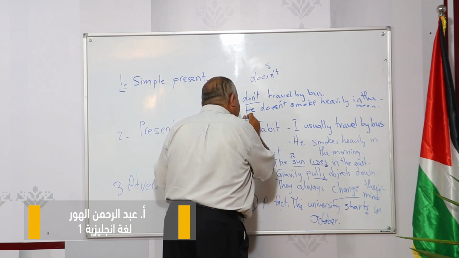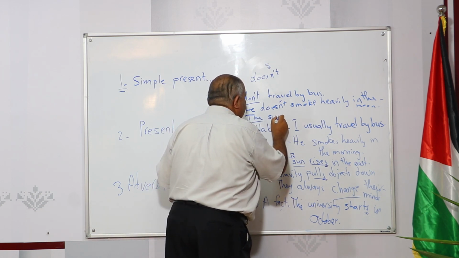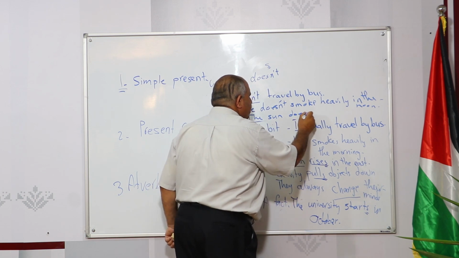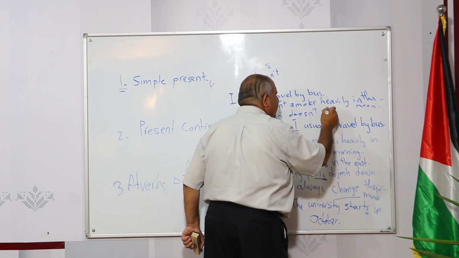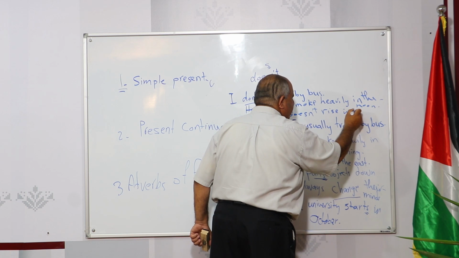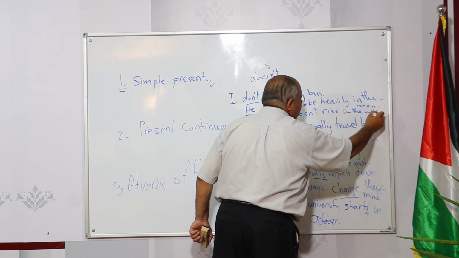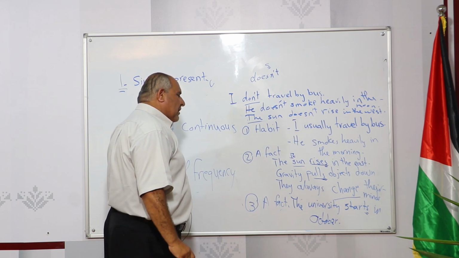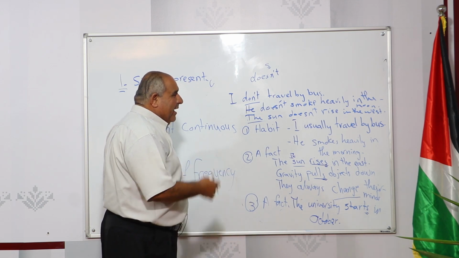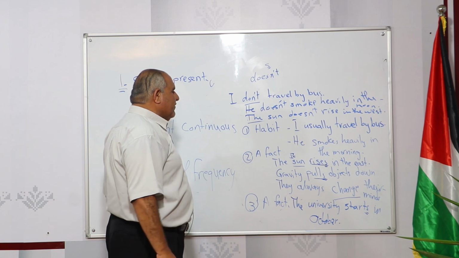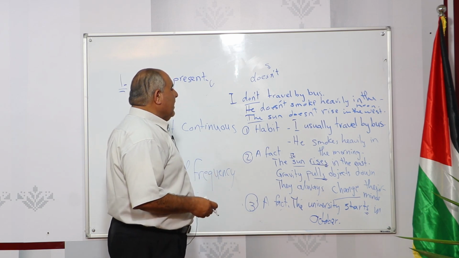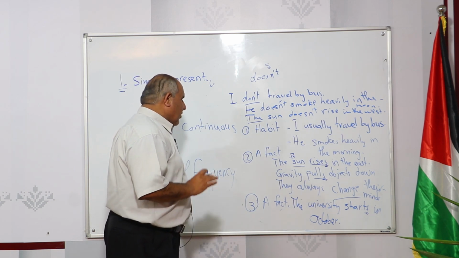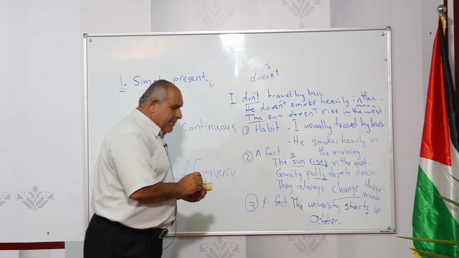We say the sun does not rise in the west. Except, because this is a habit which happens all the time, possibly at the end of our lives the sun might rise from the west. Okay, this is about making them negative.